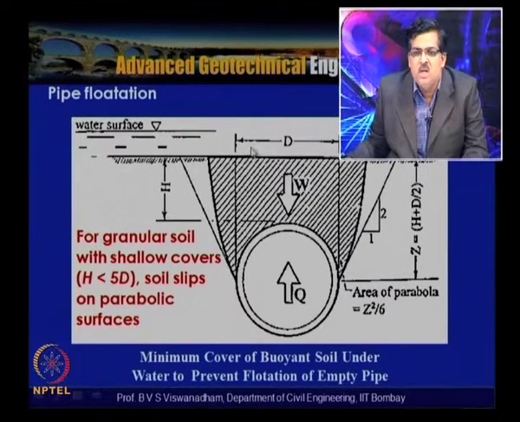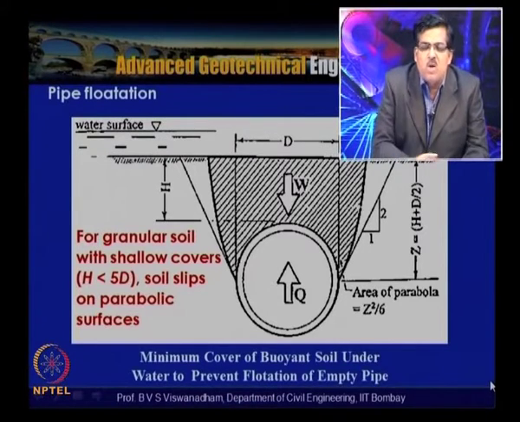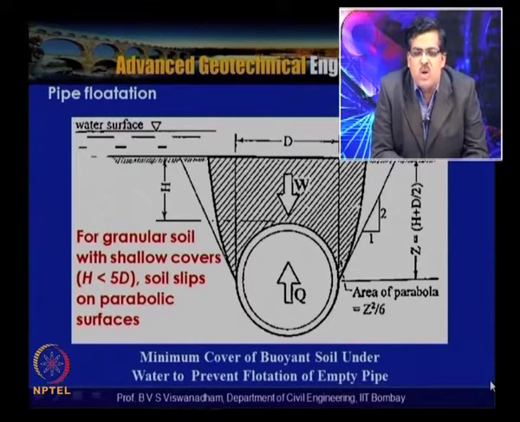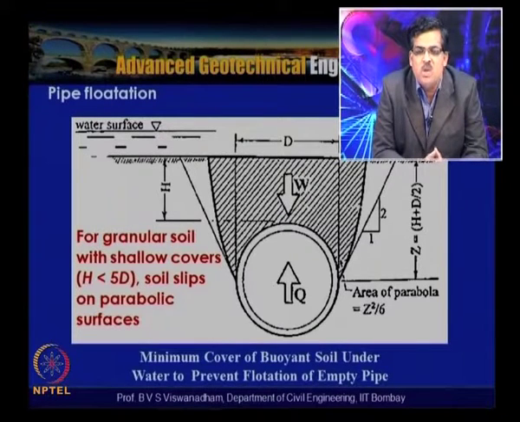Then d is the diameter, and z by 4 is the extent of the parabolic wedge. The area of the parabola is about z square by 6. This is the minimum soil cover computation for buoyant soil under water to prevent flotation of an empty pipe. Here the pipe is considered in the empty condition.